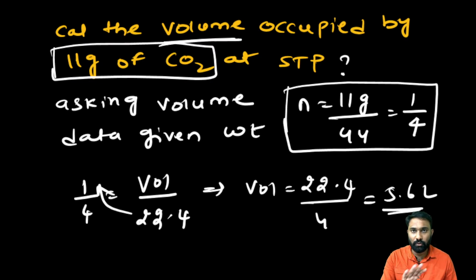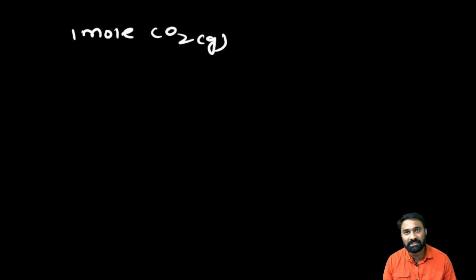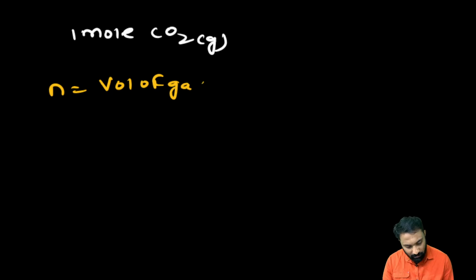Now, if you are thorough, if you are very acquainted with the mole concept and the terminology of the questions, then with a single trick I will tell you. Listen. Normally, 1 mole of a gas will occupy how much volume? Number of moles is equal to volume of gas by 22.4 liter, right?